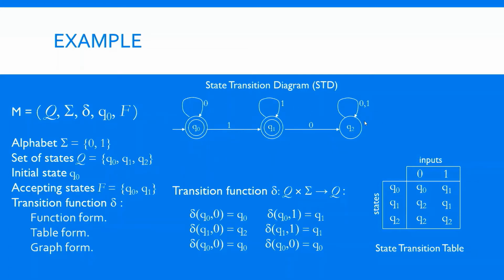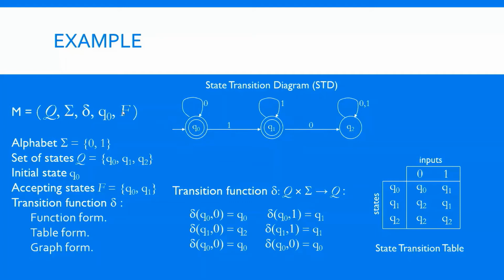Out of these 3 states in the diagram, which one is your initial state? How to know that? By looking at the diagram, you check where the arrow is present. In this case, it is pointing to Q0. So Q0 is the initial state, right? Then how many final states are here? 2. A double circle is here, and this is also a double circle.